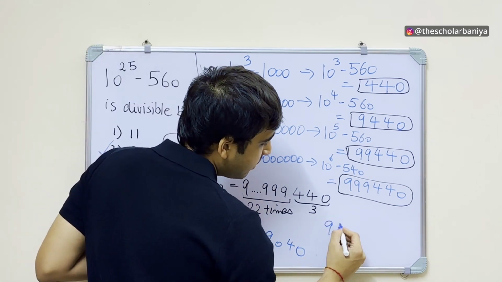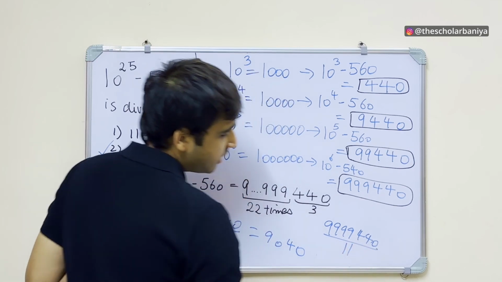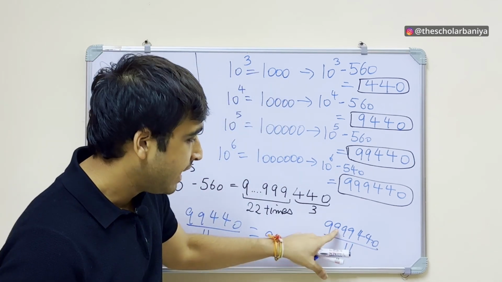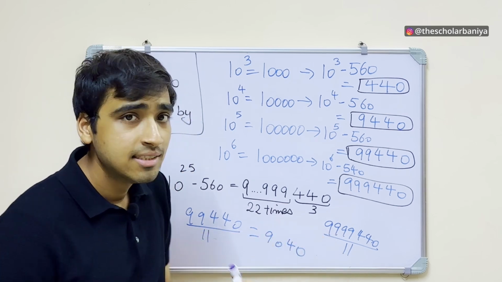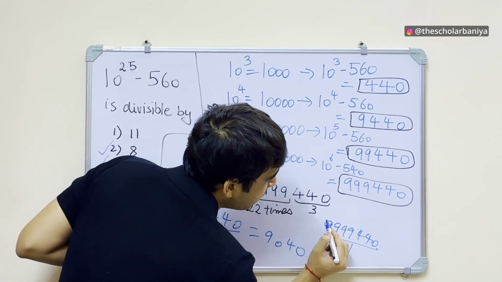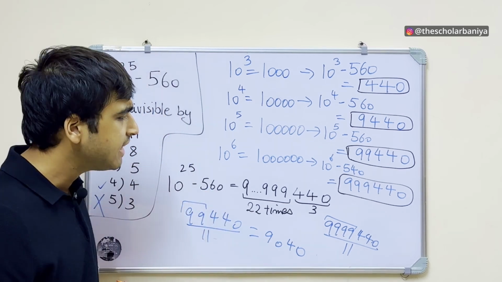Similarly, if we take 9999440 and divide this by 11, even in this case it will be divisible, because the number of nines is even. The number of nines is 4 here, and 2 before, right?